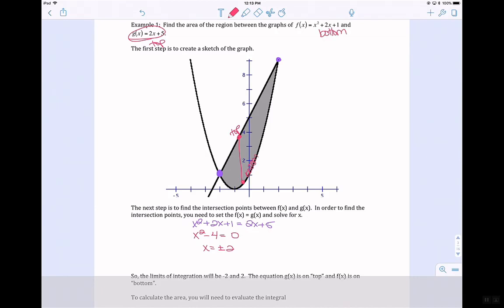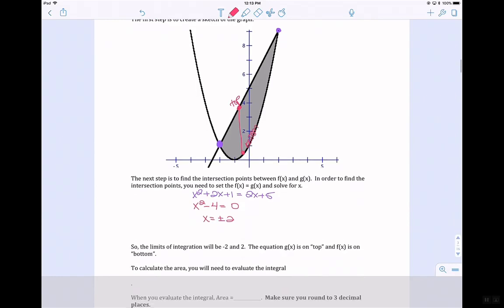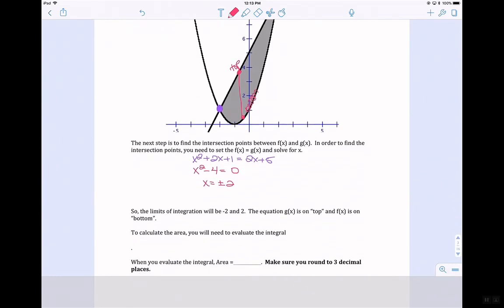To find the area of the shaded region, I would take the top equation, 2x plus 5, and subtract off the parabola. So the area is equal to the integral from negative 2 to 2 of 2x plus 5, minus x squared plus 2x plus 1, dx.